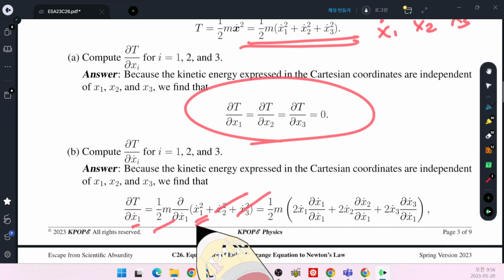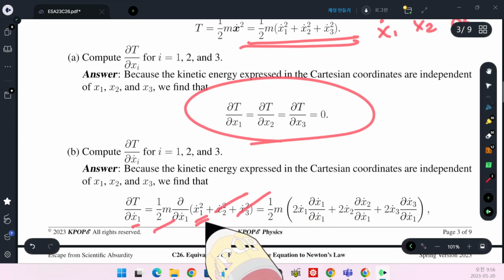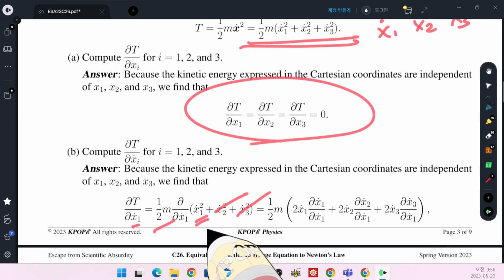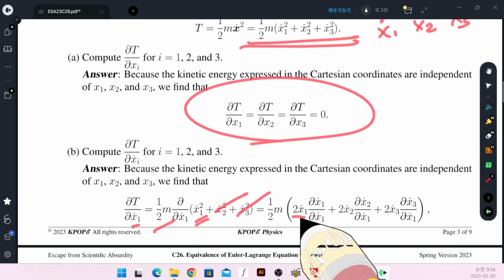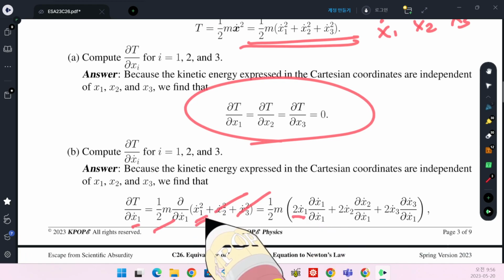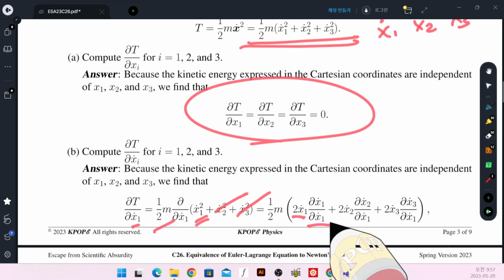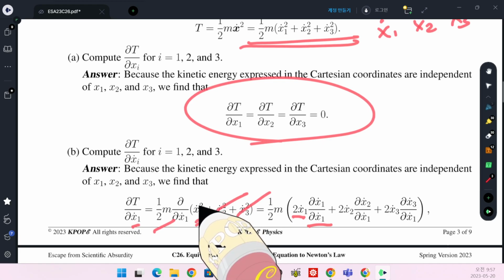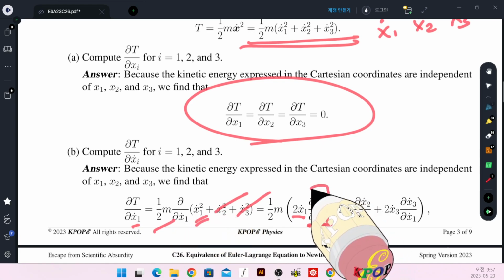The only surviving term can be computed by applying the chain rule. This gives 2 times the velocity of the x component, and then we have to multiply by the derivative of x1 dot with respect to x1 dot, and we know this is trivial.